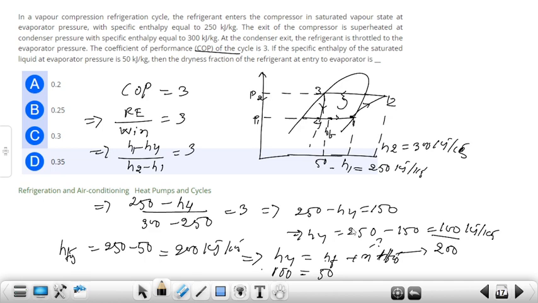So H4 is equal to 100 is equal to 50 plus X into 200. So we get 50 is equal to X into 200, which implies X is equal to 50 by 200 is equal to 1 by 4, which is equal to 0.25. Dryness fraction is 0.25.